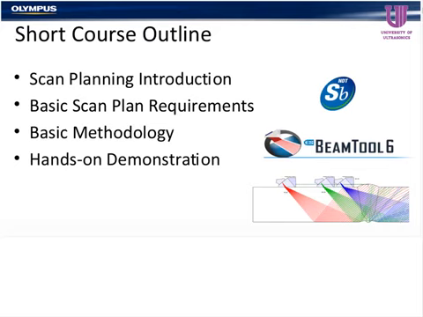In addition to that, at the end of the presentation, I'll take a little bit of time out of just the PowerPoints and the presentation that you're reviewing right now and actually show you how to implement some of that using two pieces of software, NDT Setup Builder, which is a scan planning tool developed by Olympus, and Beam Tool 6, which is a program developed by Eclipse Scientific.